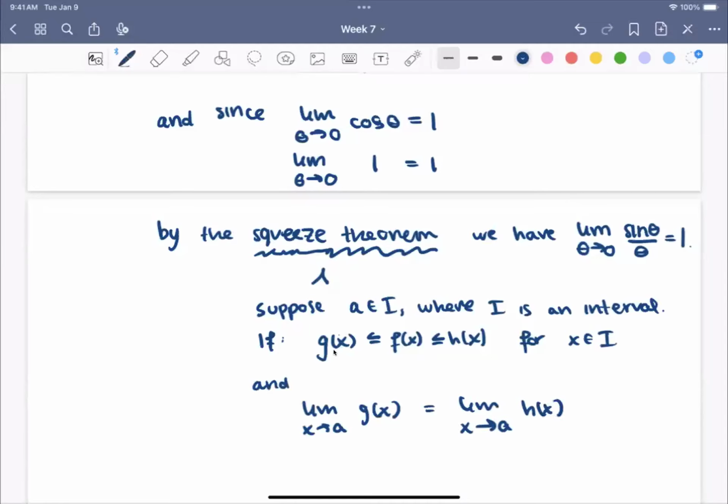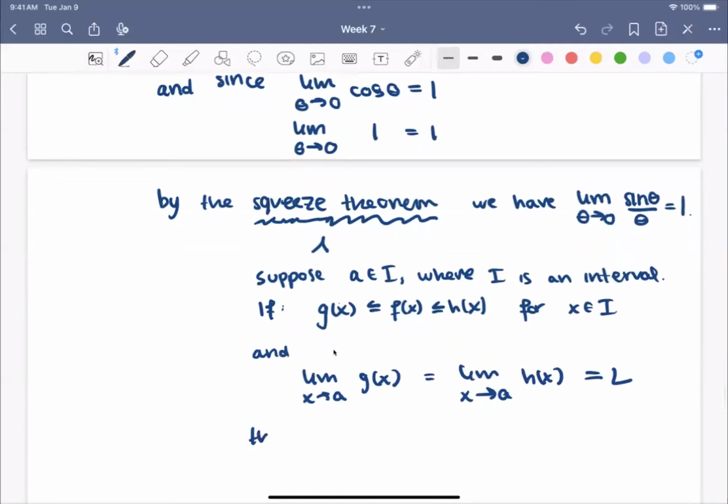If these are equal, so they agree and they equal some number L, then f is also forced to have that limit. Okay, so that's what the squeeze theorem is telling us.